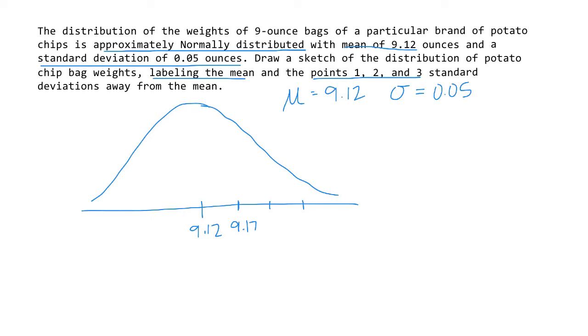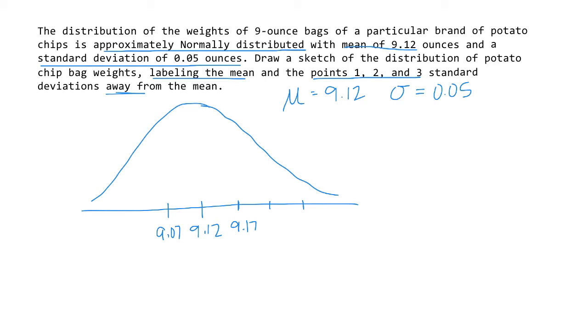We're also going to go to the left, not just to the right, since it says away from the mean, to the left and the right. So I'm going to subtract 1 standard deviation from 9.12. 9.12 minus 0.05, and we get 9.07.